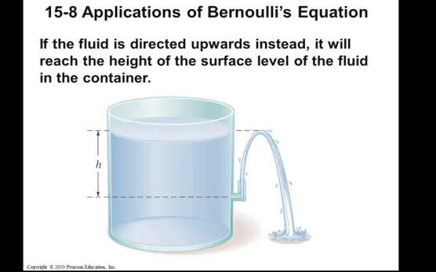And if the fluid is directed upwards instead, it's going to reach the height of the level of the surface, because the amount of energy that I have here has to be equal to the amount of energy I have here. And since I'm exchanging kinetic energy for gravitational potential energy, it can only reach the same height that I started.